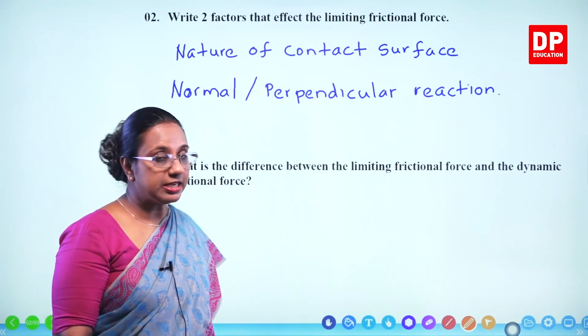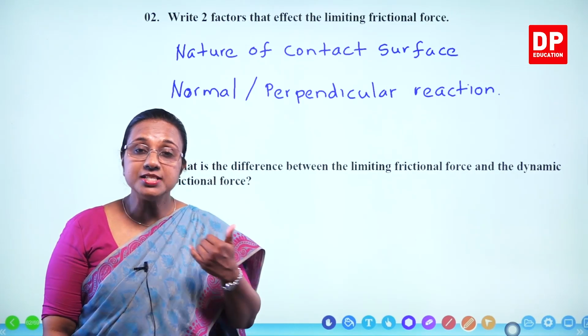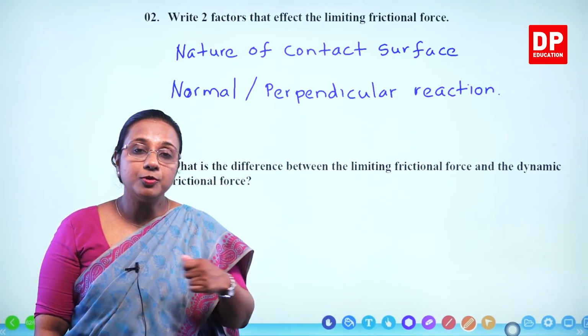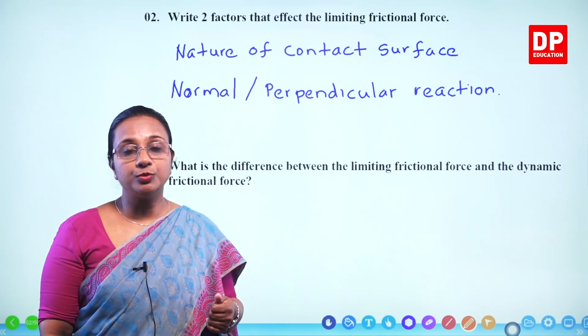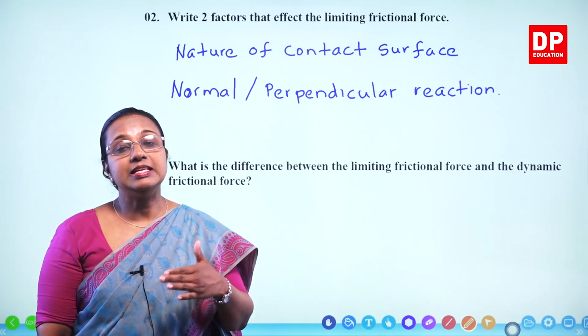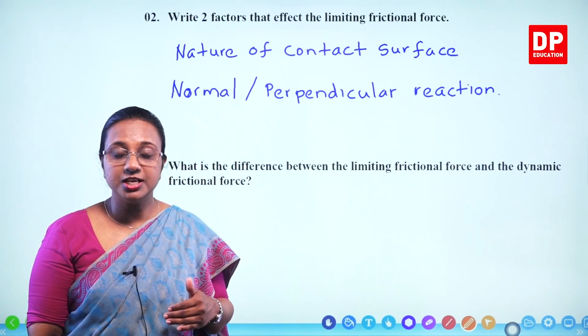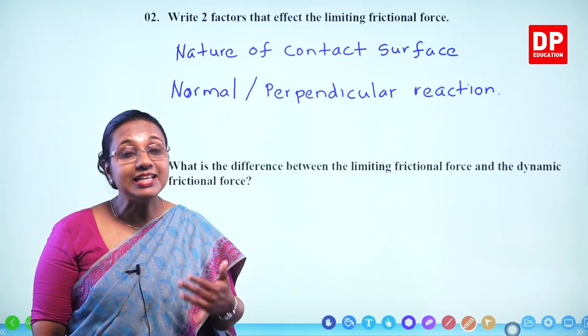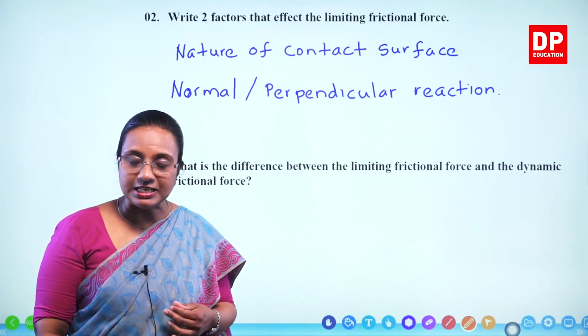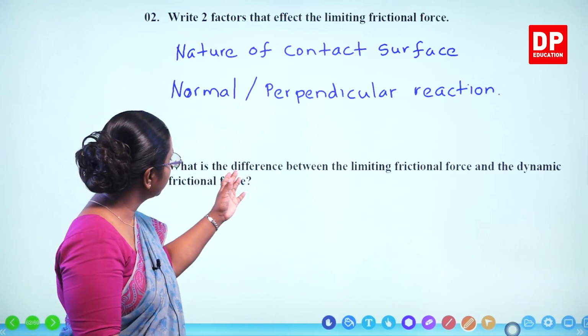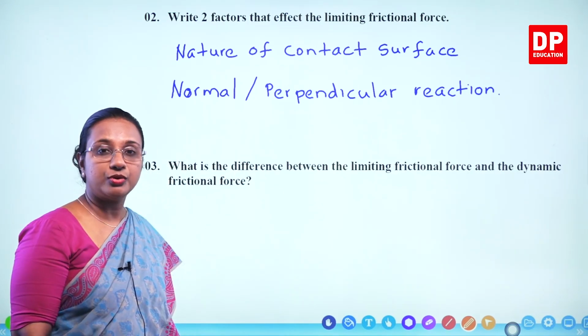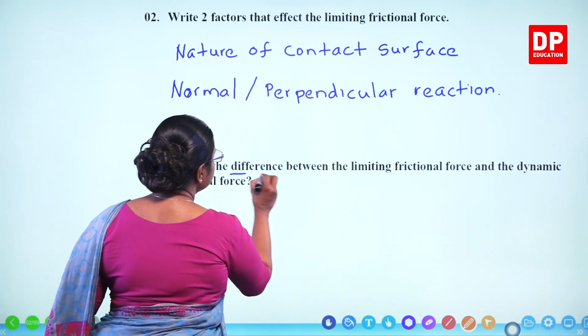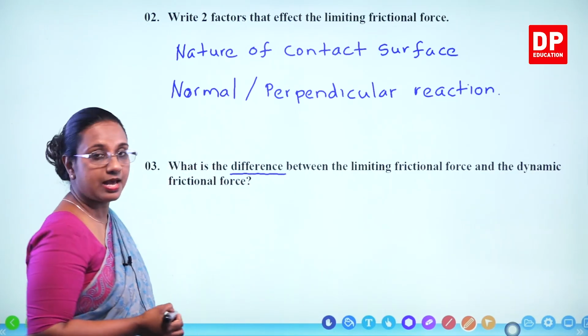That is the limiting frictional force. Once we overcome that and pull the block and the block starts to move, then it is the dynamic friction, which is slightly less than the limiting frictional force. So that is what we need to write here, the difference between limiting and dynamic.